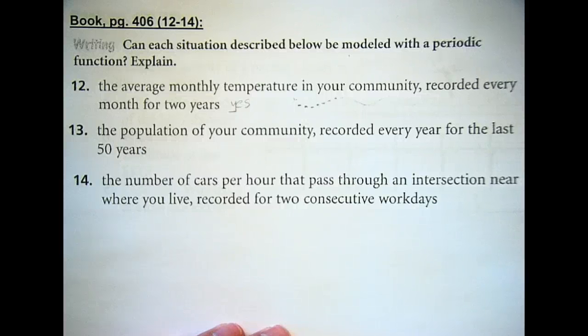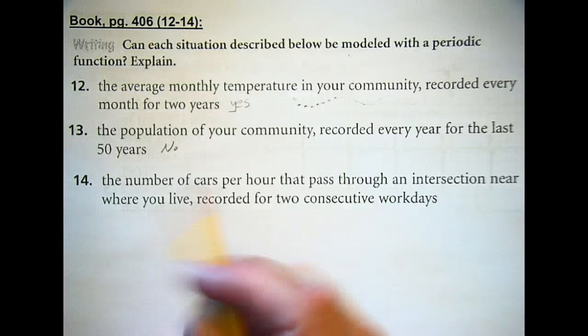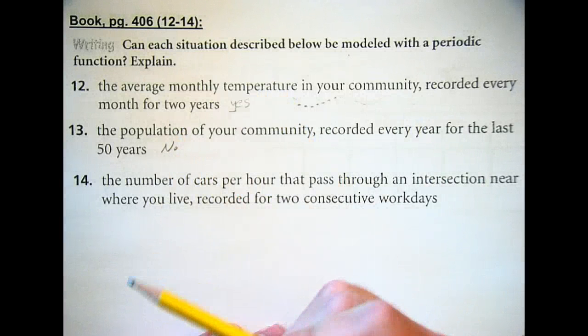Yeah? No, because every year there's a difference between the population growing or decreasing. Okay, so you say no. You think it's going to increase or decrease? Yeah, no, anyways, because it usually will just increase, and that's not a periodic function. It never will decrease as much as it increases. Good. Yeah, no, and the explanation probably is that in most communities your population's increasing.